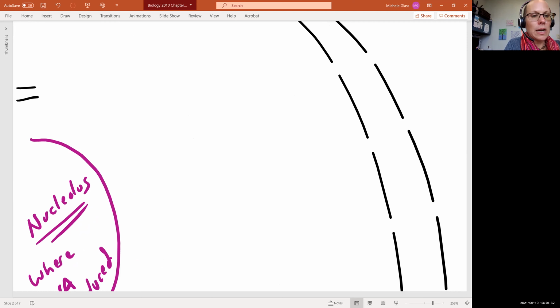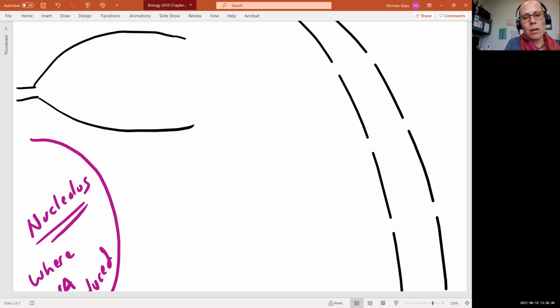And then what we're going to see happening is it has to open up and unwind a little bit so that we can come in and do our process of transcription. And so let me go ahead and also in my DNA write out my nitrogenous bases.